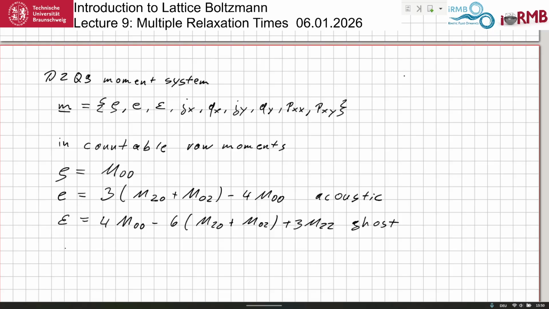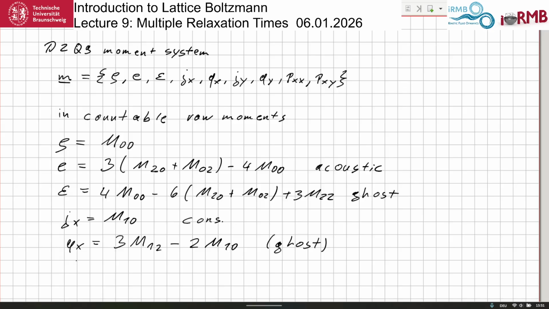Then Jx, this is momentum. This is conserved. Nothing to worry about. Qx is kind of the heat flux, not really. 3 times m12 minus 2 m10. This is also a ghost.